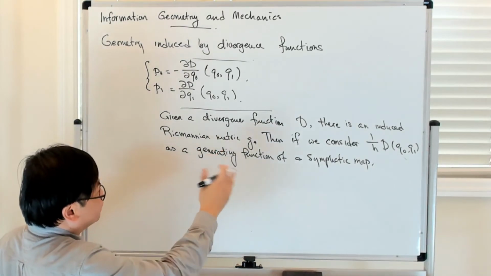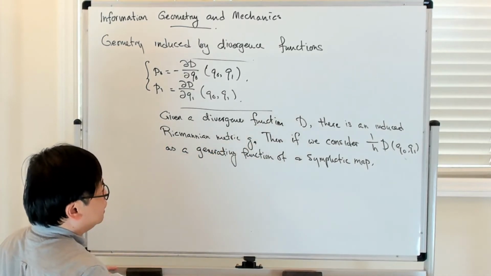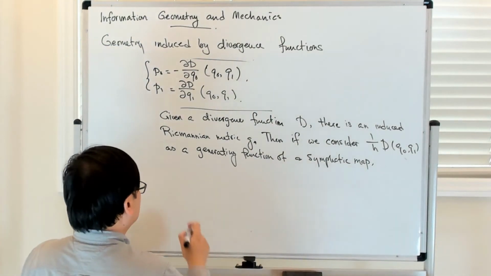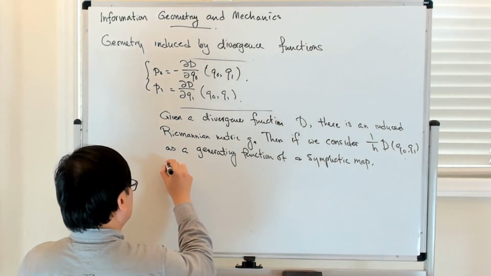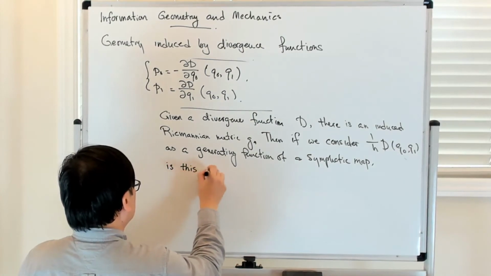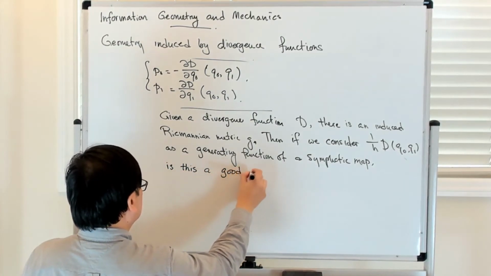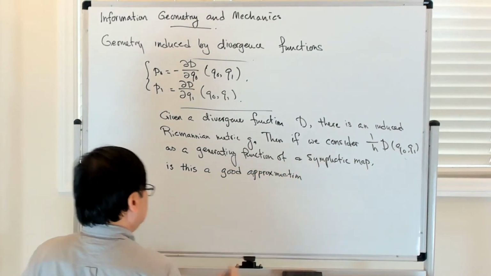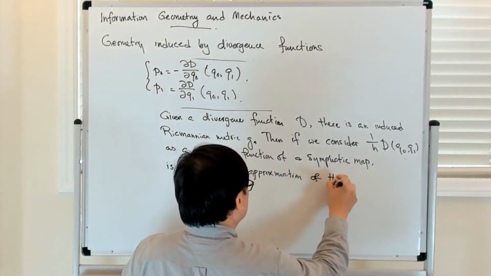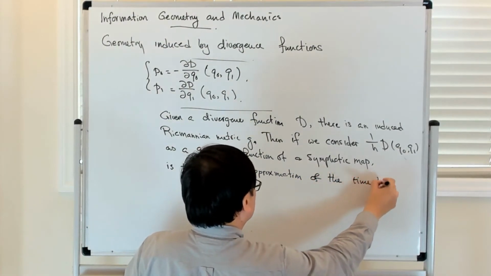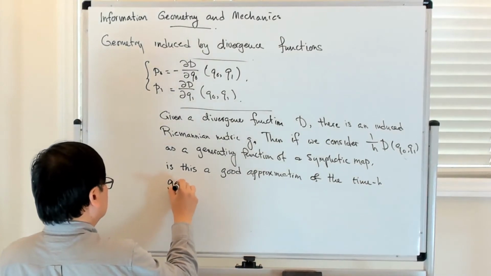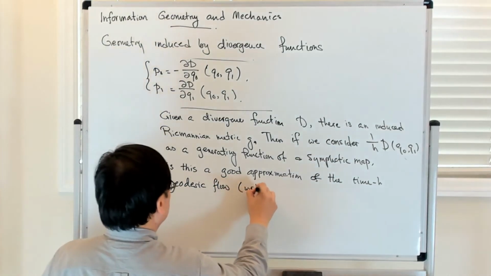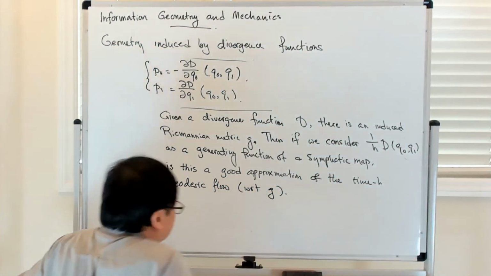So given the divergence function D, there's this induced Riemannian metric G. If you consider this 1 over h D(q0, q1) as a generating function, is this a good approximation of the time h geodesic flow with respect to G?